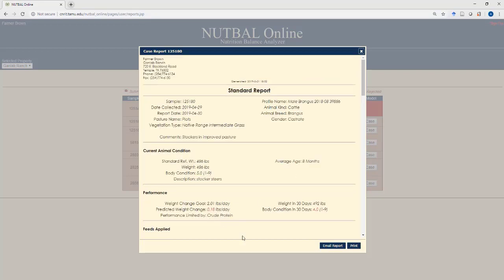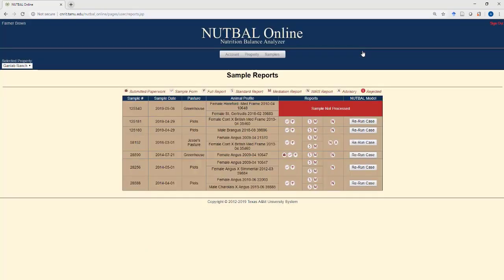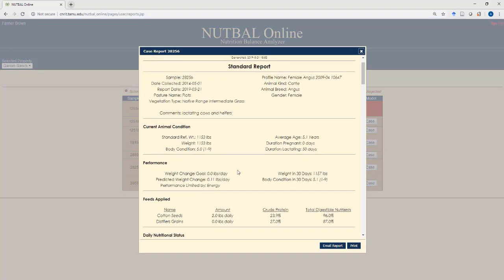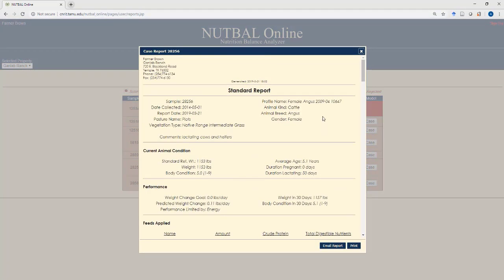On the other hand, I will pull up another example report. So here we have a mature cow that is gaining a little bit of weight, and our weight change goal was for it to maintain weight. And there's nothing in red here, so this is an animal that's performing well and meeting, or exceeding, the desired performance.